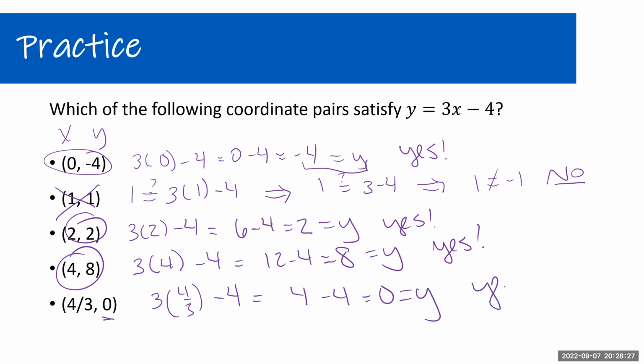So also, yes, all of these were solutions except for that first one. So if you see this on a test or an assignment or somewhere, remember that there are infinitely many solutions. It's not a matter of just one or just two.